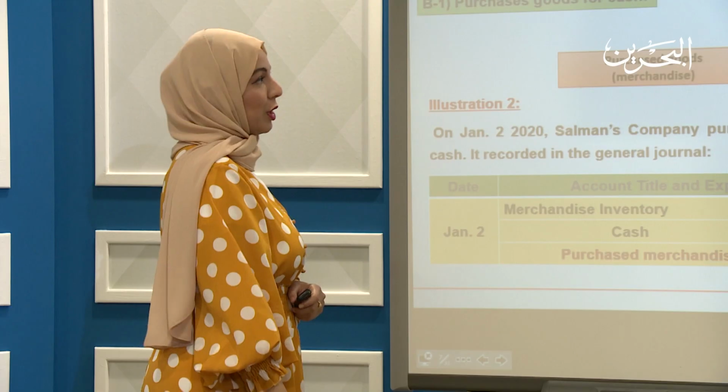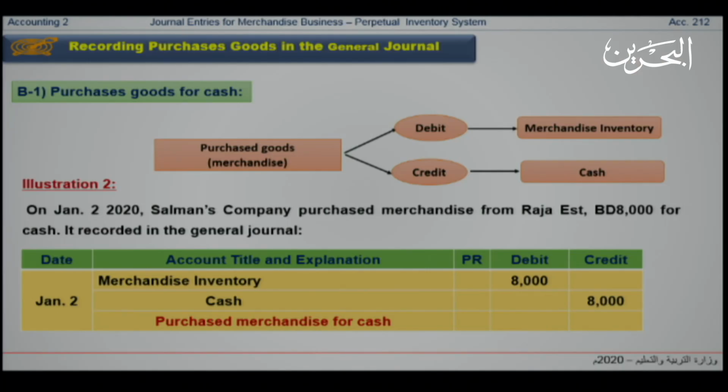Moving to the purchase of goods for cash. In our example, Salman Company purchased merchandise from Raja. So, Salman is the buyer and Raja is the seller. He purchased goods of 8,000 for cash.